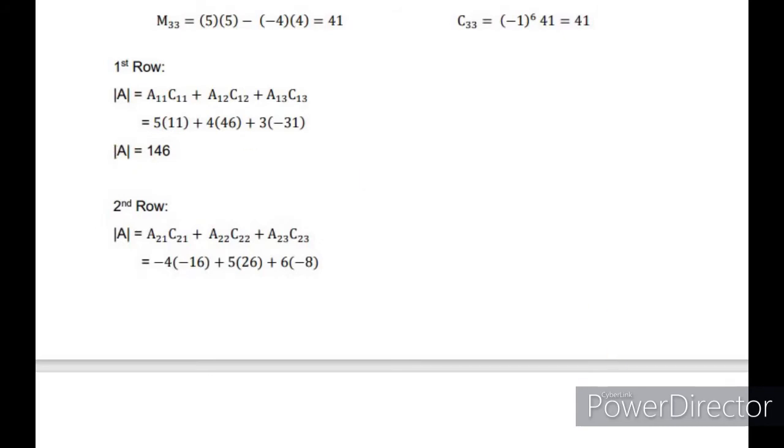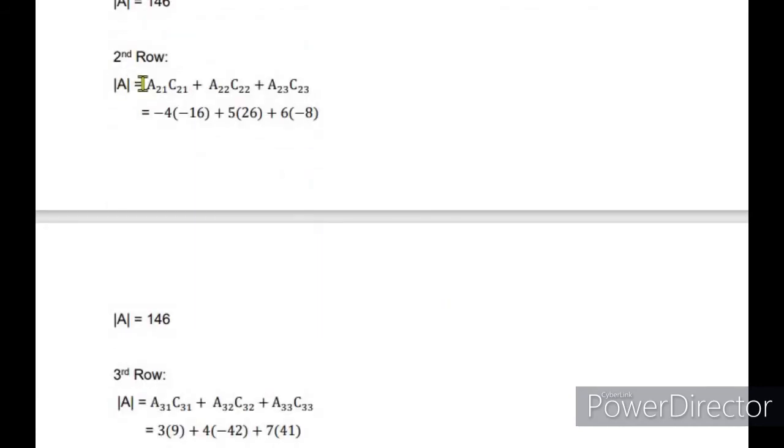Now, what if we consider the second row as the reference? So, the element in A sub 21 is -4. Then we will multiply it by its cofactor. The same with the element in A sub 22, which is 5, multiplied to its cofactor. And the same with the A sub 23 element.